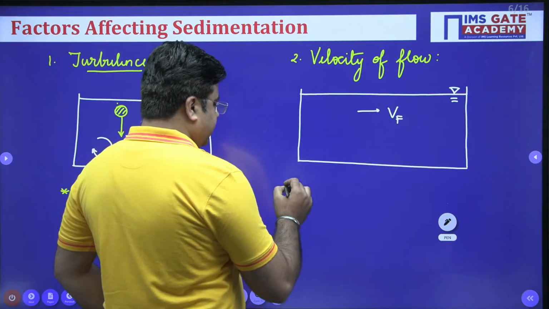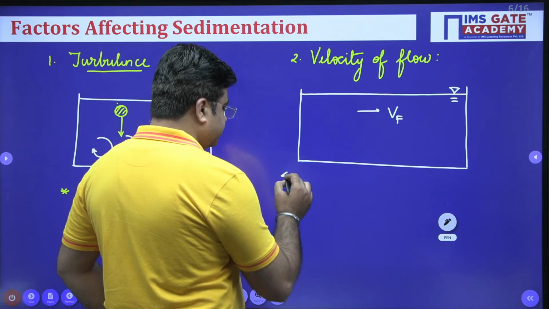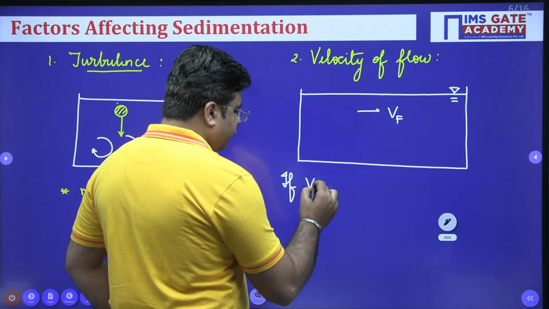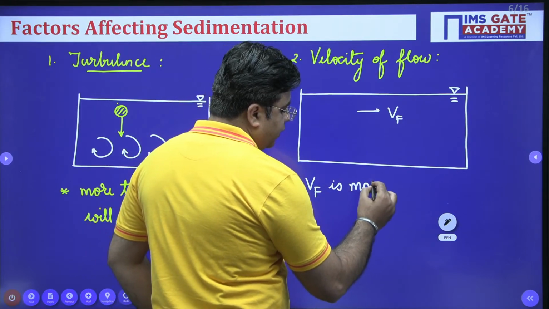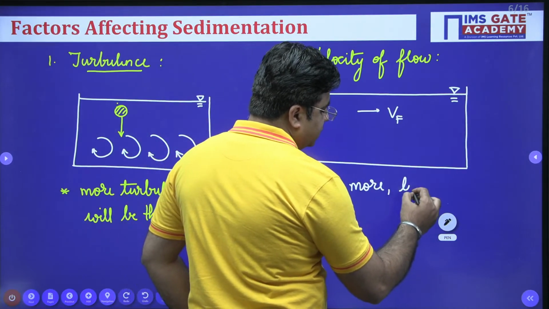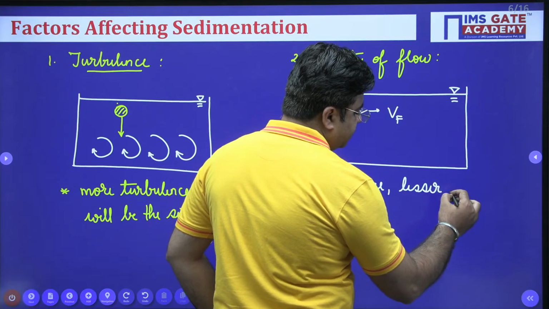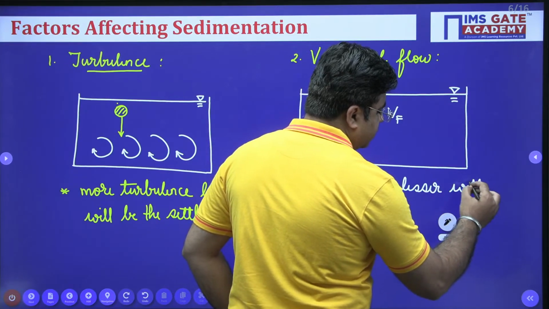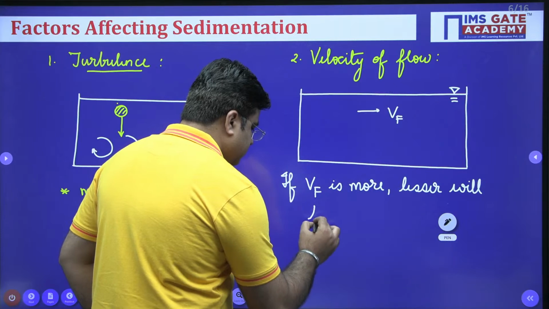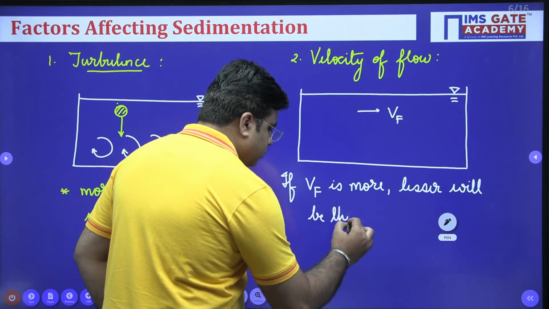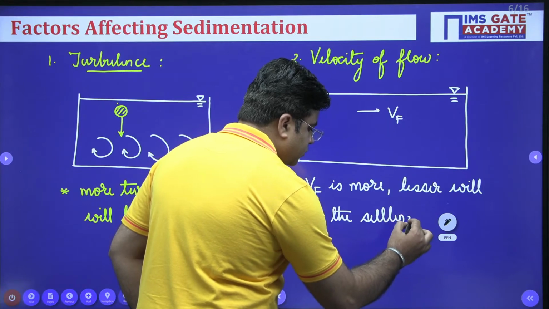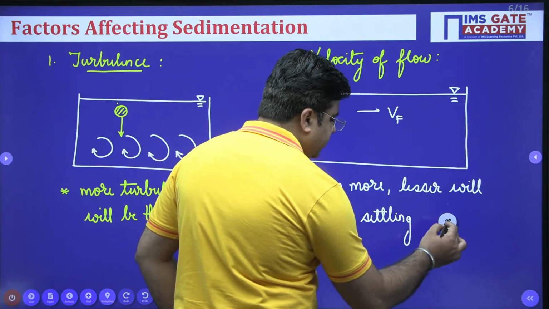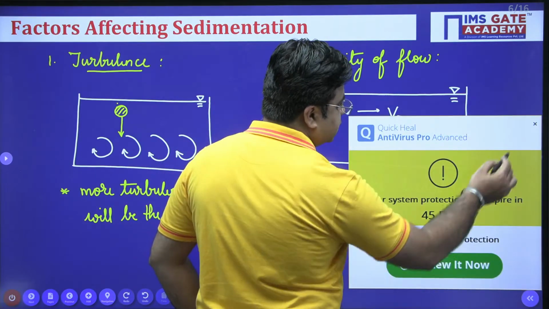So if velocity of flow, Vf, is more, lesser will be the settling of solids.